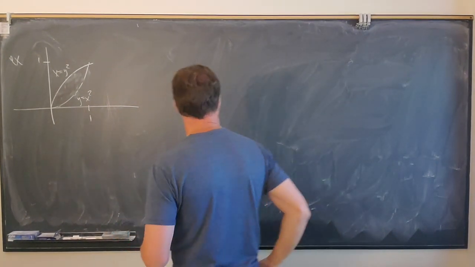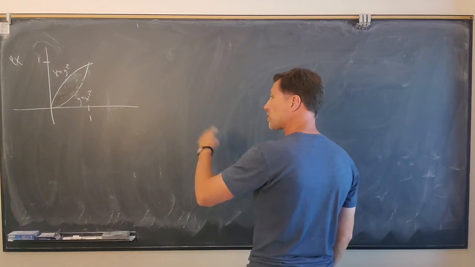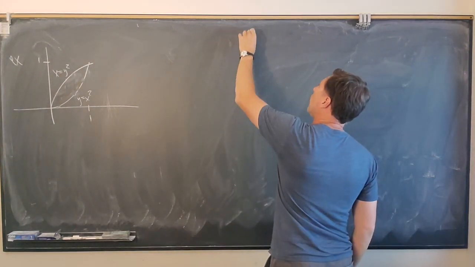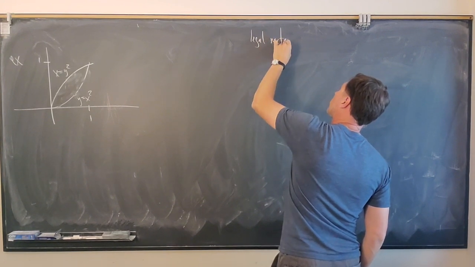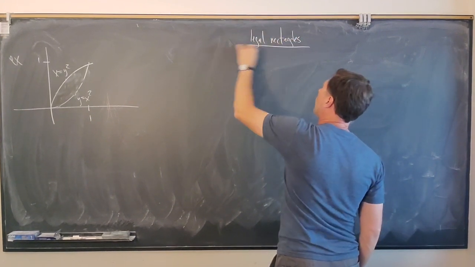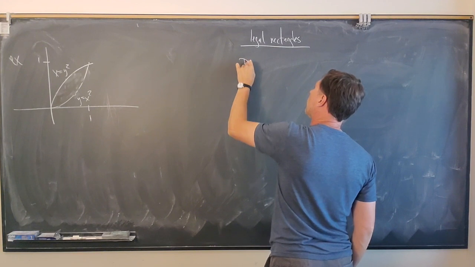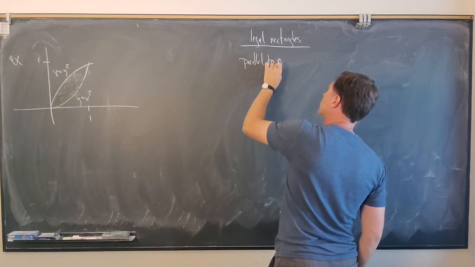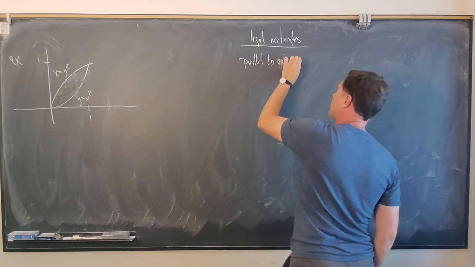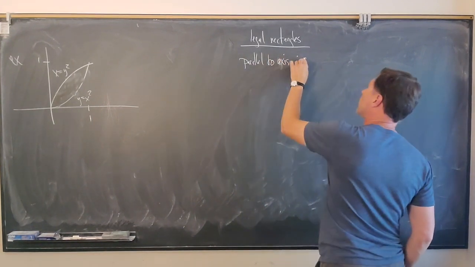So here's the rule of thumb, and I'm going to put this down before we actually do our example. Legal rectangles, if they are parallel to the axis of rotation, that means that you're using the shell method.